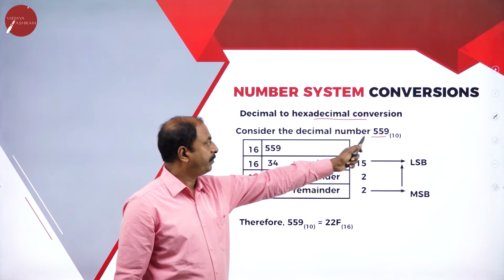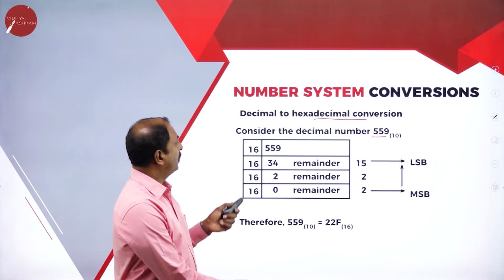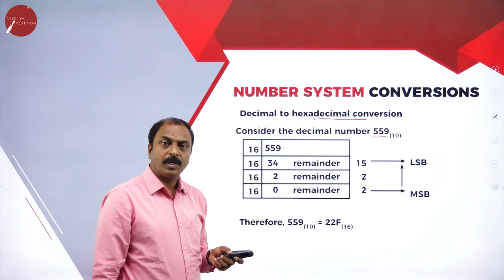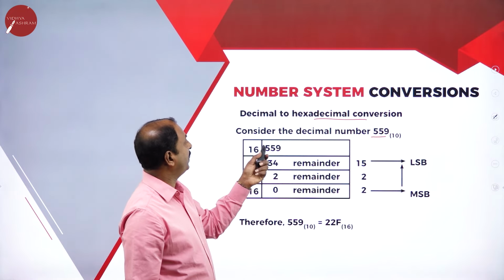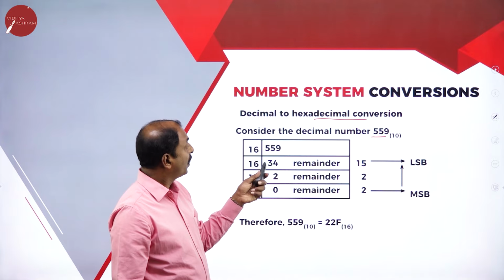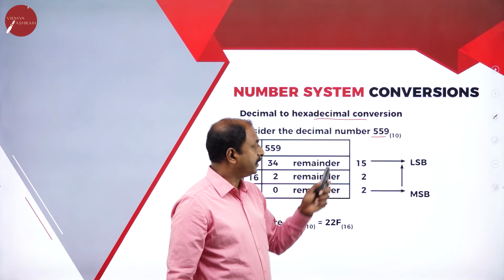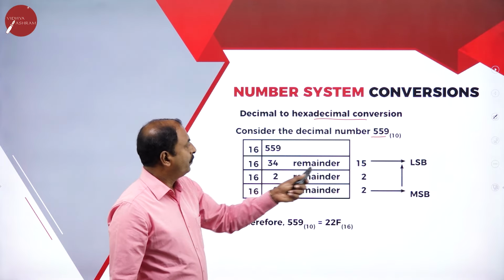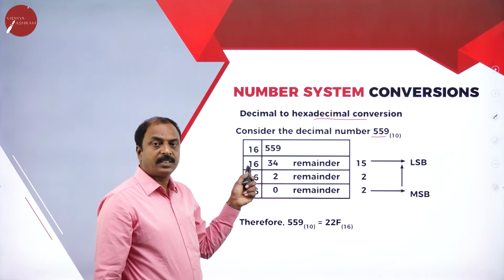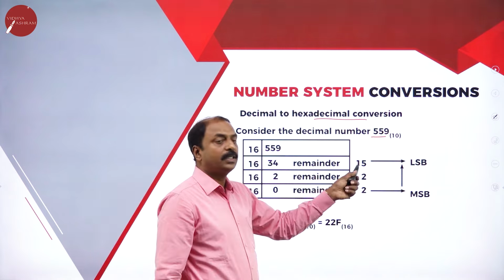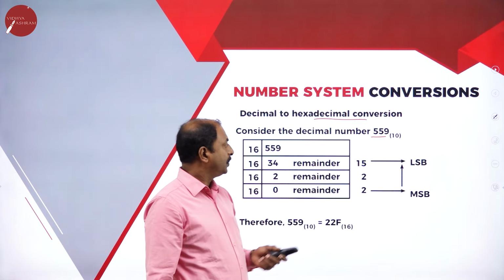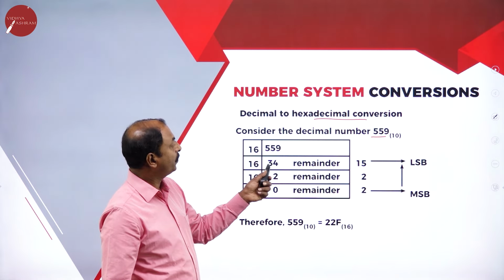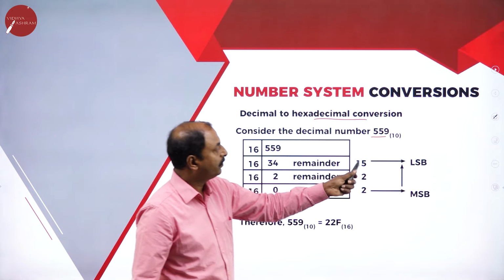Divide the given number by 16. Hope all of you know the table of 16, students. So 559 divided by 16, quotient 34 and the remainder is 15, because 15 is less than 16, we cannot divide further.